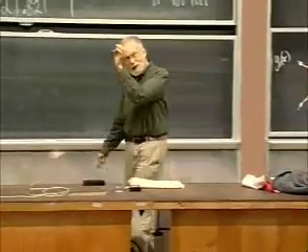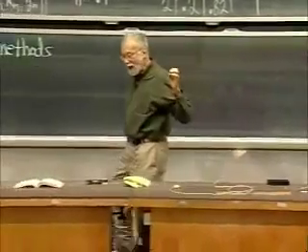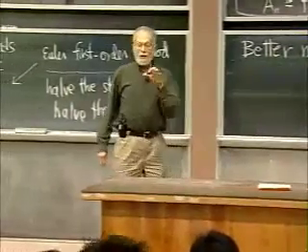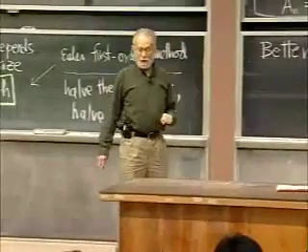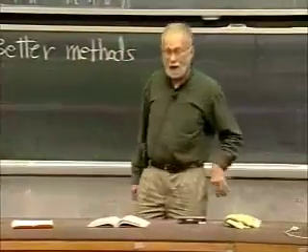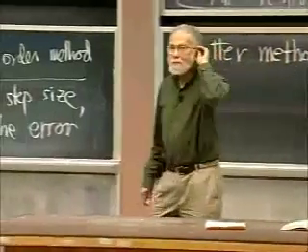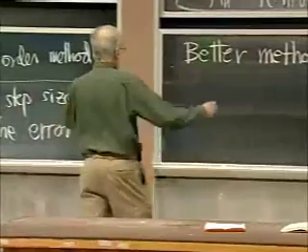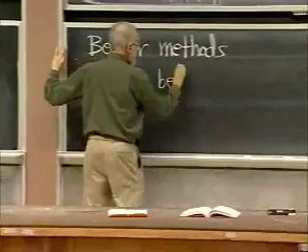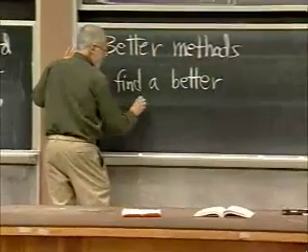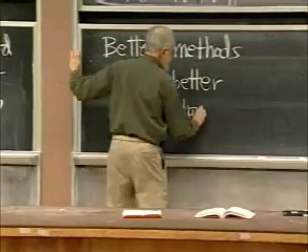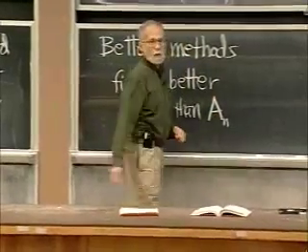In other words, we're looking for a shortcut path, which by good luck will end us up back on the curve again. And all the simple improvements on Euler's method, which are the most stable ways to solve differential equations numerically, aim at finding a better slope. They try to improve that slope that you found.